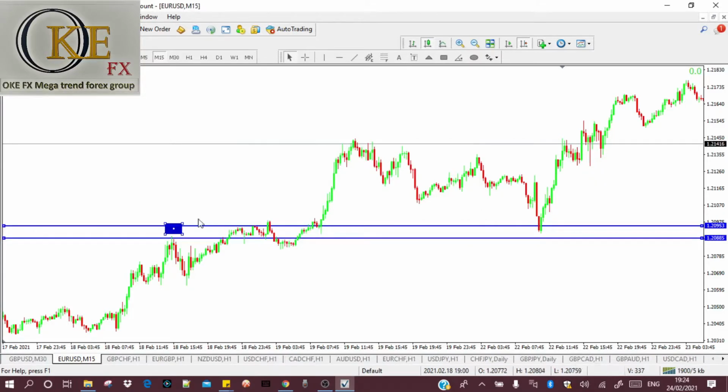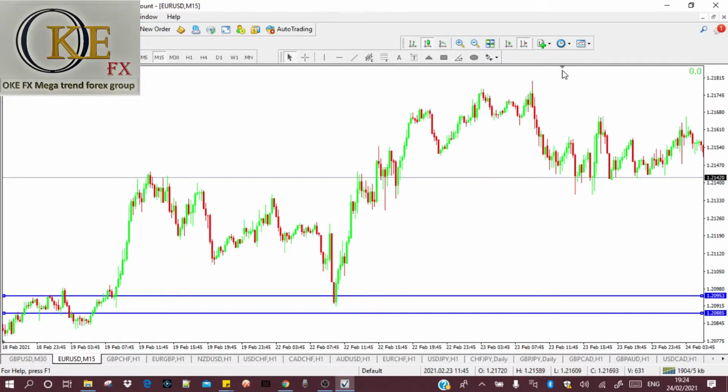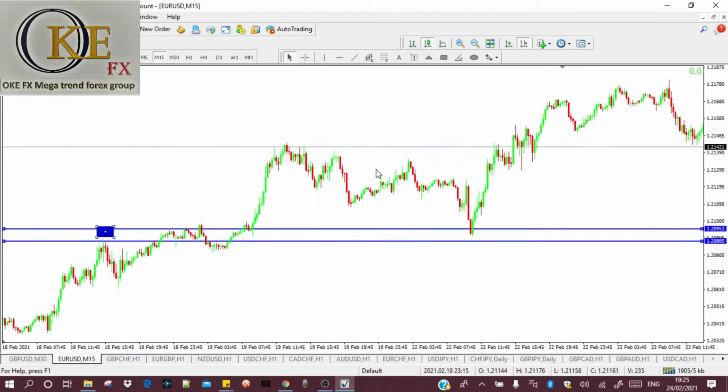Can you see? So if you look very well, or if we go to the higher time frame, we'll even have it better, and then you will know that this is just still a zone that this price had to come back into and then took off again. So this is an example of a horizontal support and resistance.